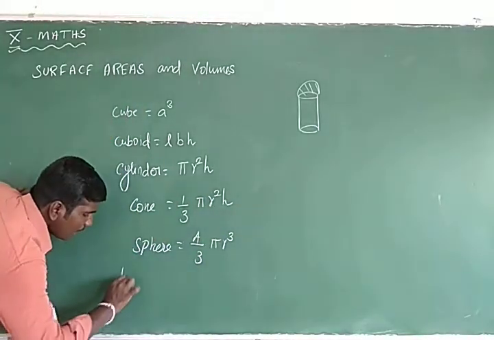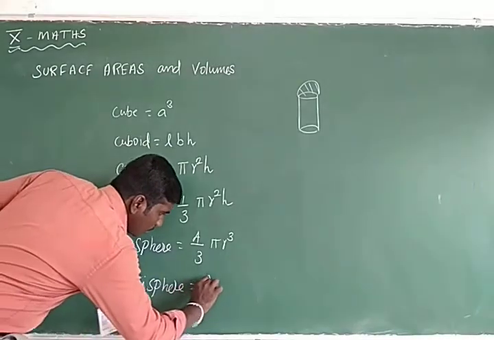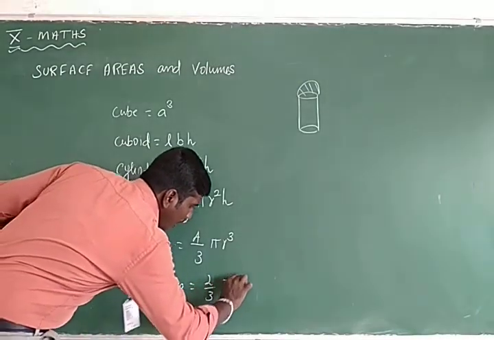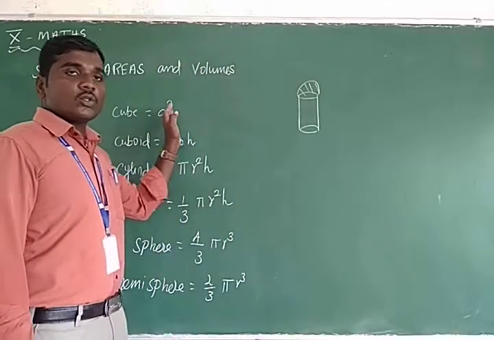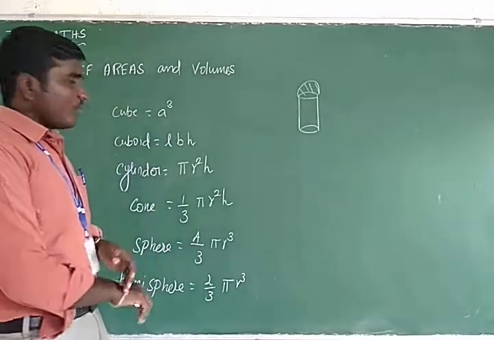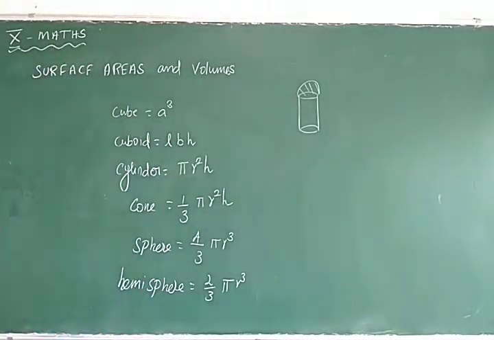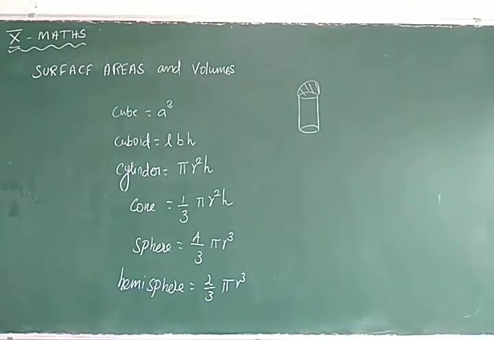The next is hemisphere: two-thirds pi r cube. These formulas are very important for this topic. So first of all you recall these formulas, the volumes of these shapes.